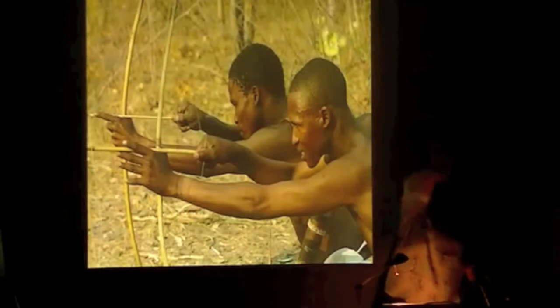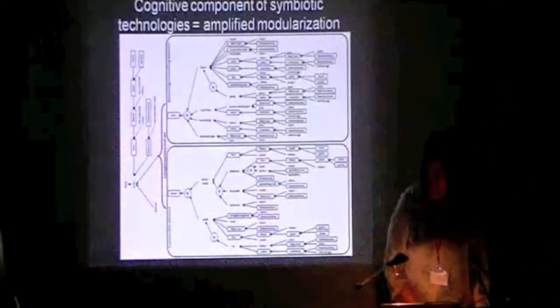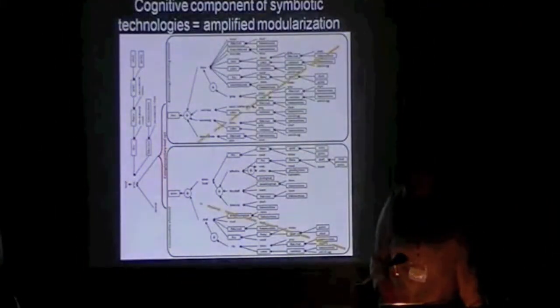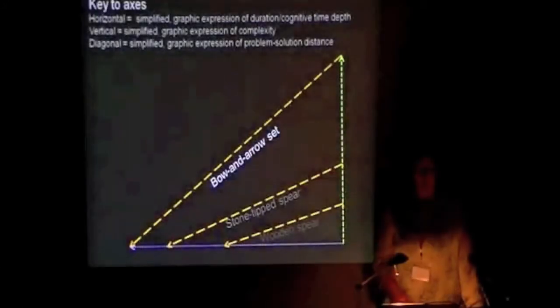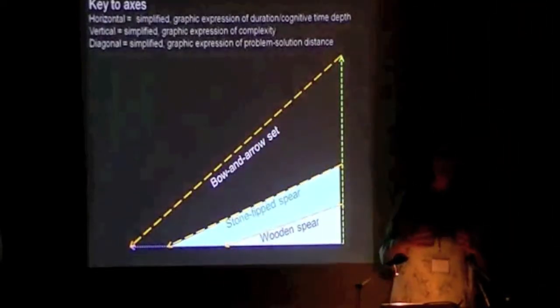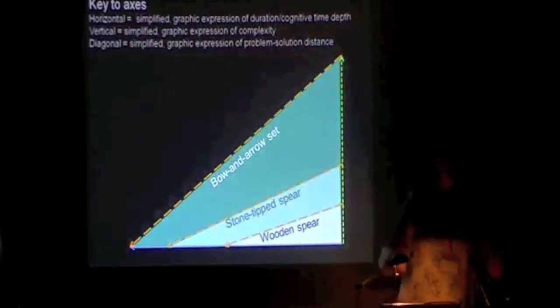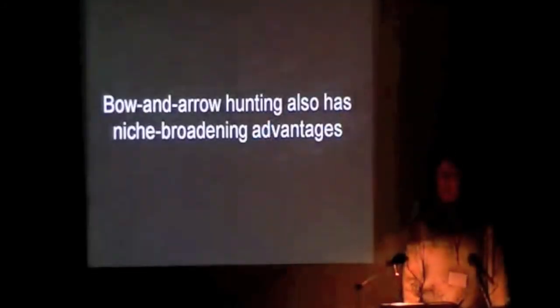And even then still focusing on the running antelope somewhere in the distance. And we are at the moment calling that amplified modularization, when humans can start putting different technologies together. And here you can just see how the volume of thinking and action increases with these different technologies.